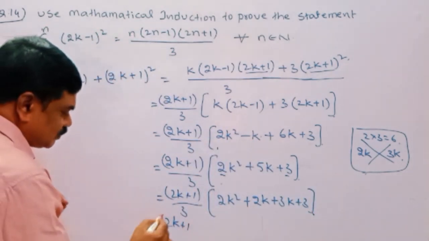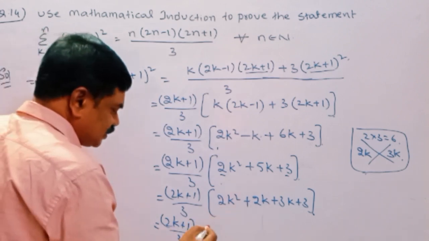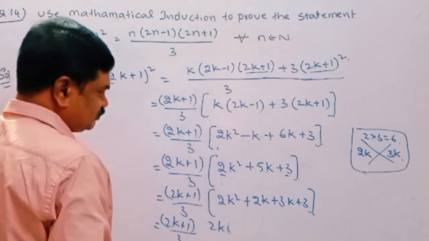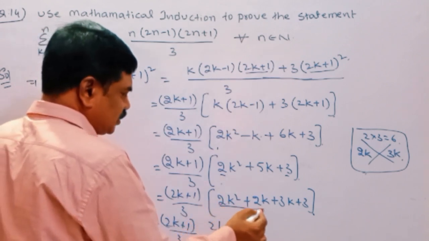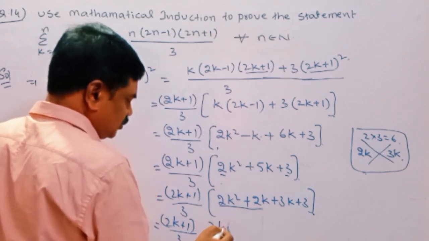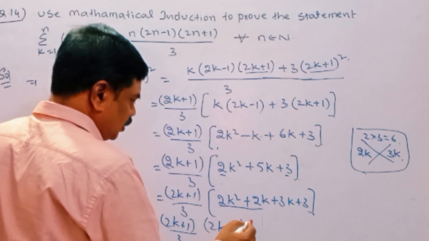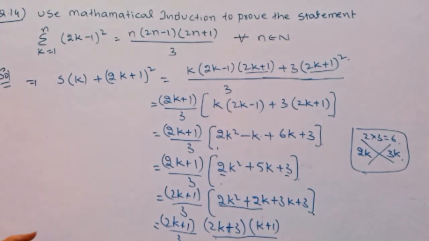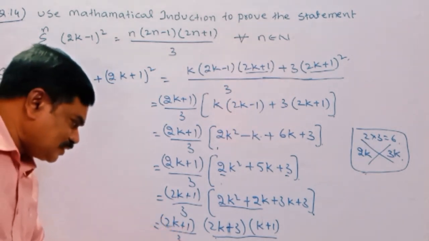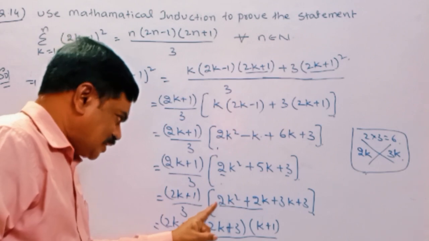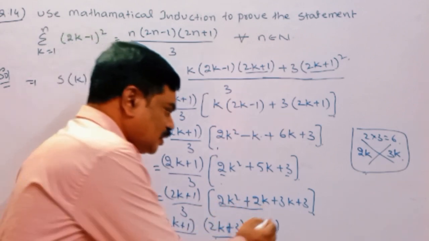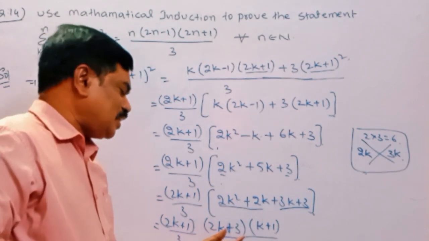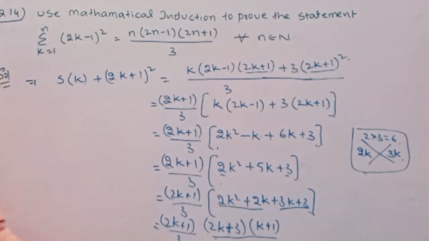Taking 2k as common and 3 as common, 2k plus 3 and k plus 1 are the factors. So (k plus 1) into (2k plus 3) are the factors for this one.